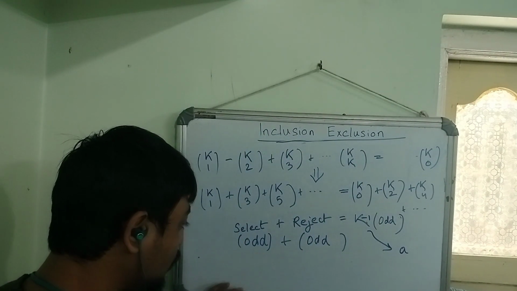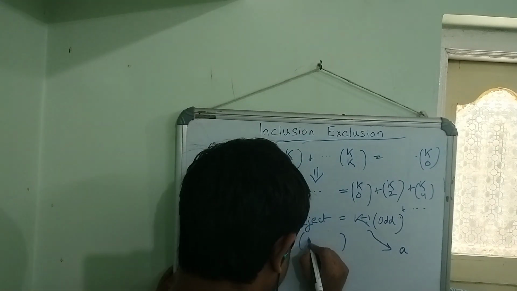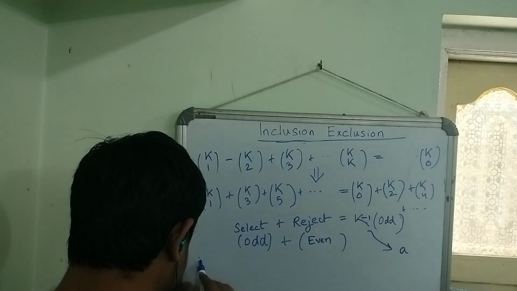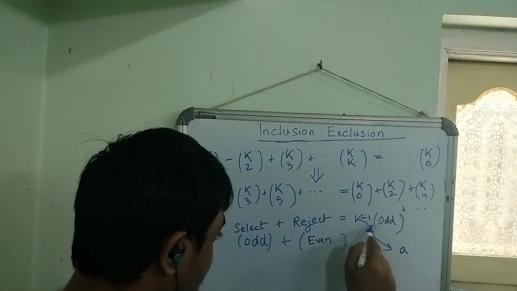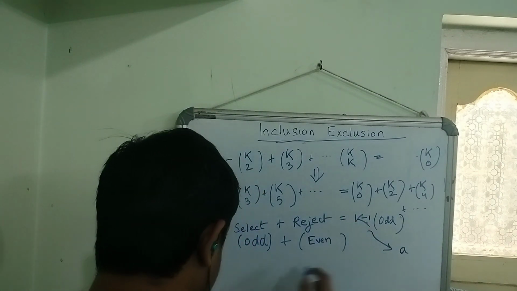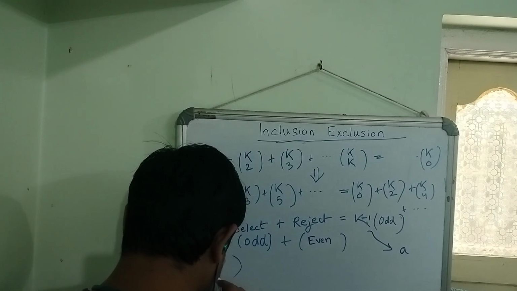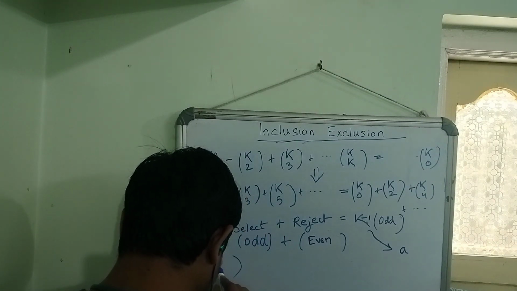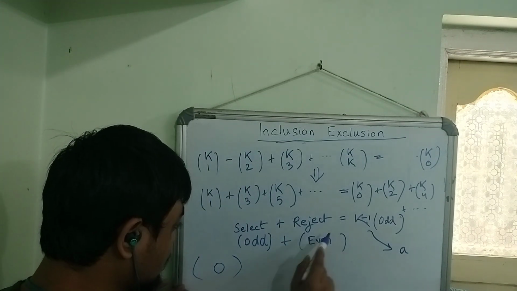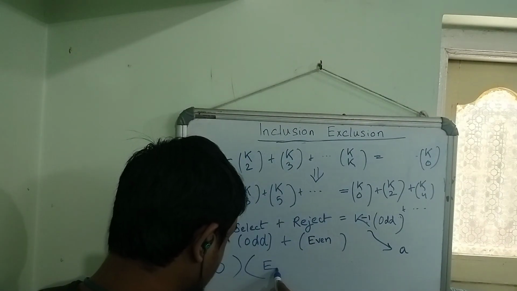So now we can apply the previous logic. These are all the subsets of this new set which we formed by taking out A from the set. I'm writing these: these are the odd subsets of k minus one elements, and these are the even subsets of k minus one elements.